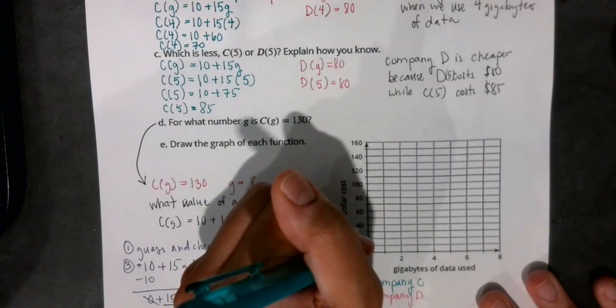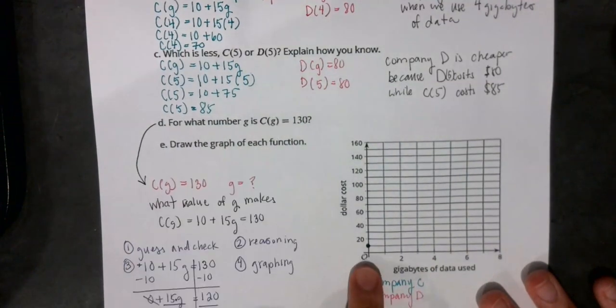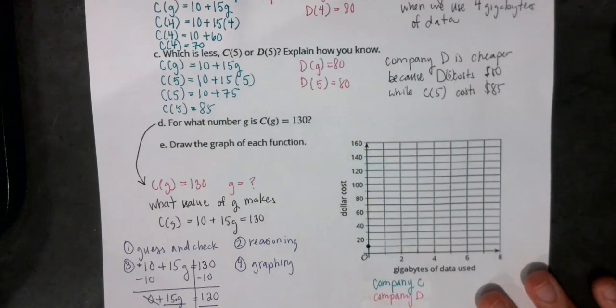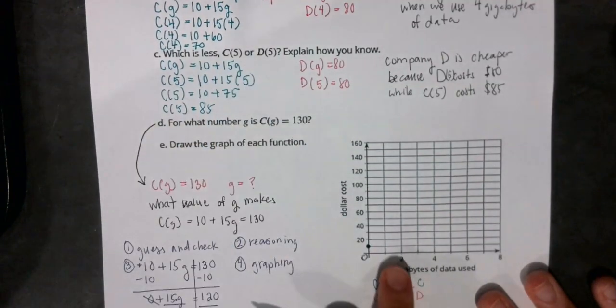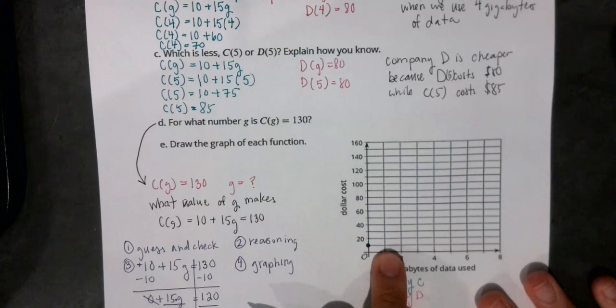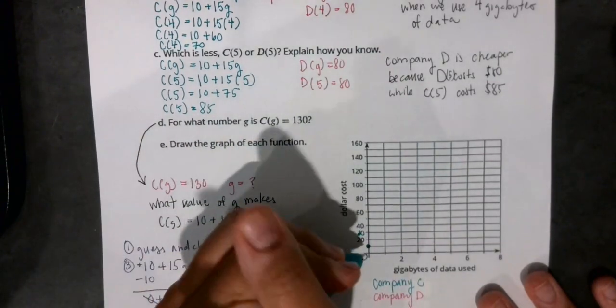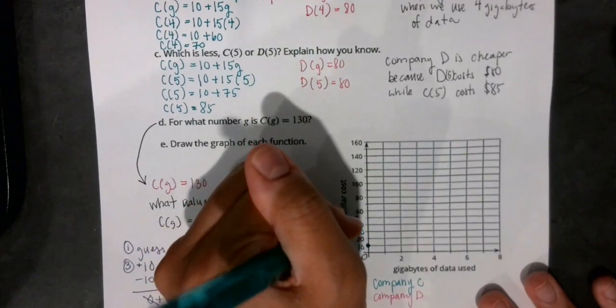So I'm just going to graph right here at 0 gigabytes used, we spent $10. For each gigabyte of data we use, we spend $15 more, which is the slope, and that comes from here, 15G. So if I used 1 gigabyte of data, I'm going to spend 10 plus 15, which is $25. And it looks like this scale is going up by tens.